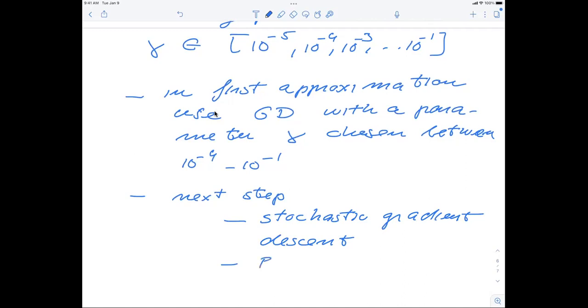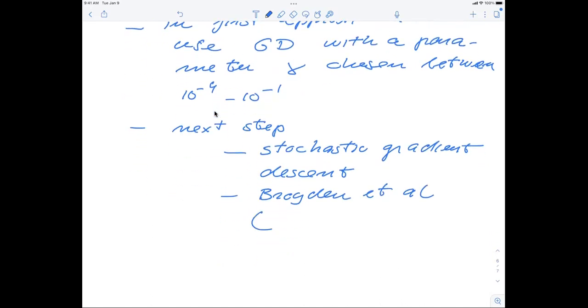So we would then typically include a method like this Broyden et al., which is a kind of pseudo Newton-Raphson method. It's a Newton-Raphson based method, but it's not the full Newton-Raphson method. It's actually a method which tries to estimate the value of the second derivative of the local energy. So these would be the kind of steps which I normally would recommend in the optimization of the variational parameters.